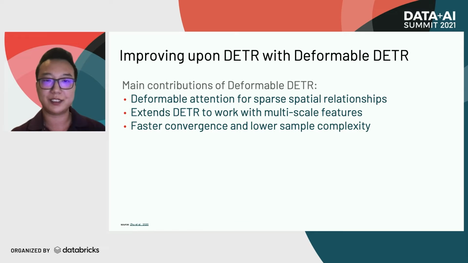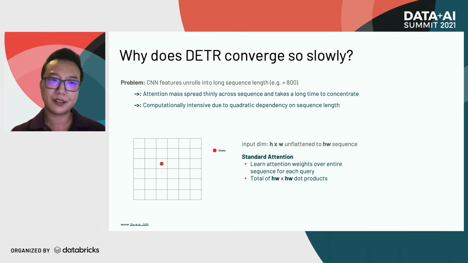We'll talk about what each of those contributions is in detail soon. In combination, both of those features help Deformable DETR converge much faster and do so with fewer samples. So let's see what the improvements are.